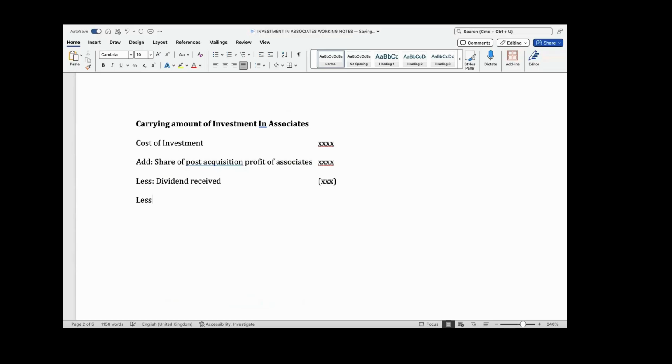And also, if there are impairment losses, you deduct it. Then this will give you the carrying amount of your investments in associates.